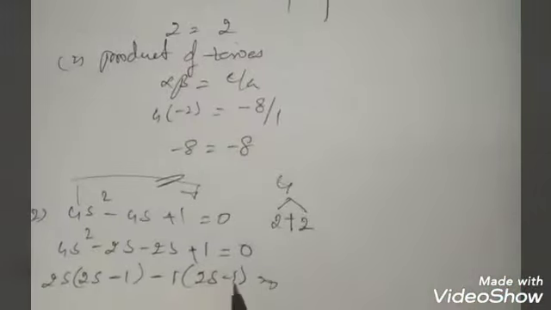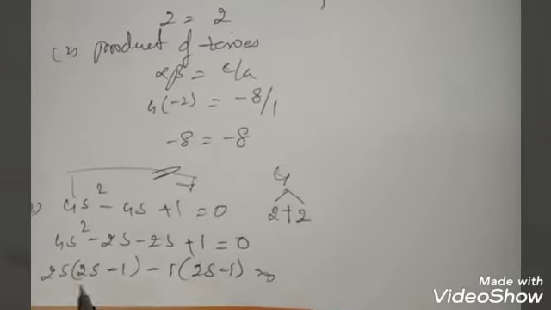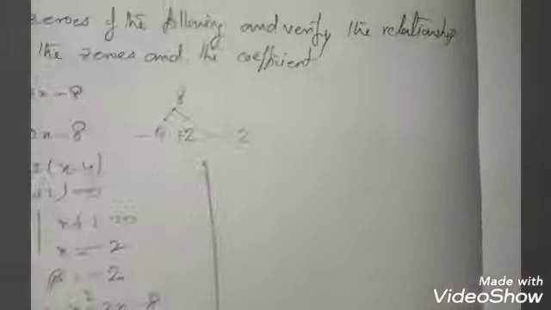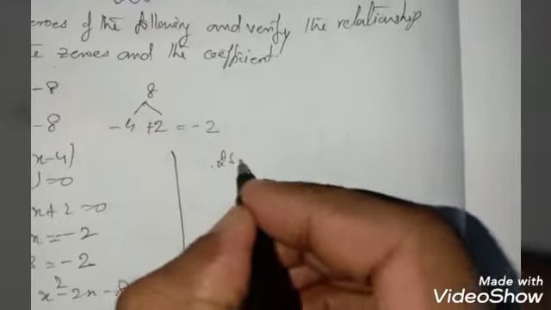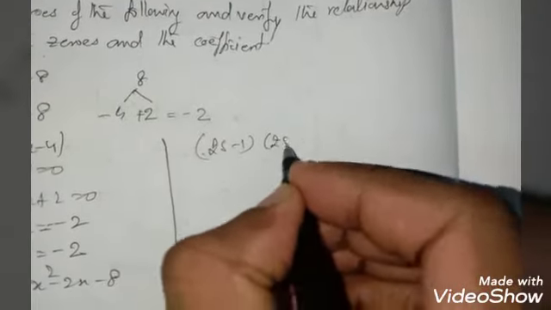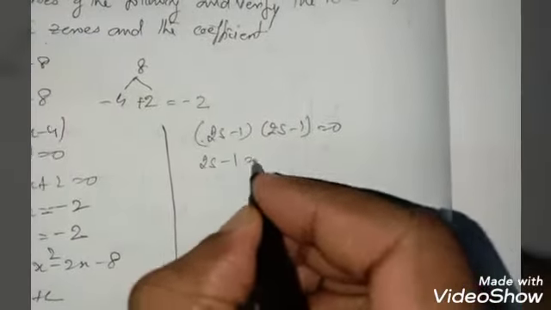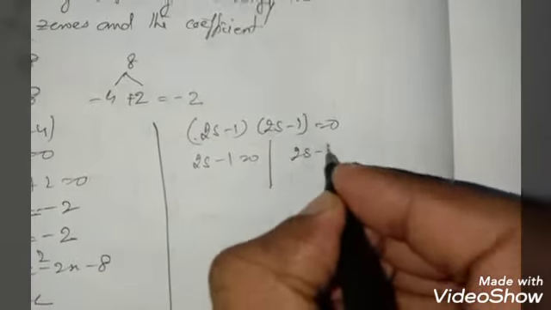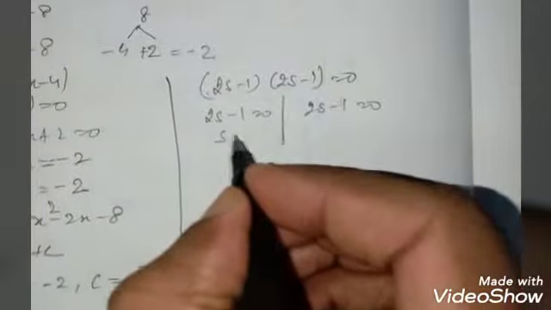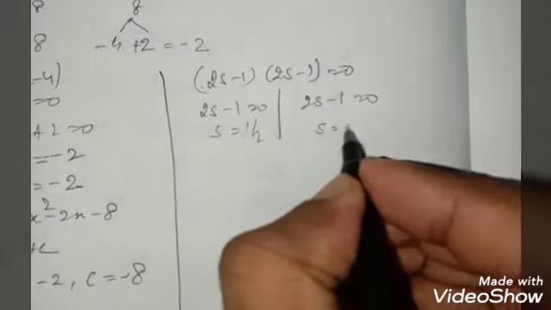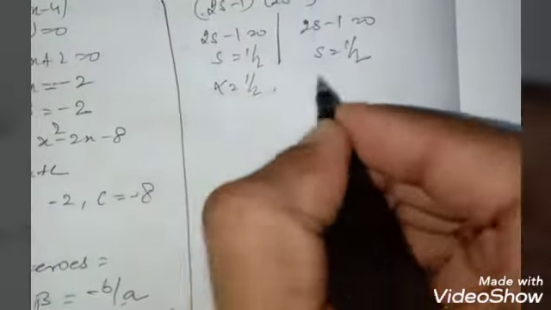After taking the common, 2s minus 1 is common for both terms. So I can write here 2s minus 1, and what is left is 2s minus 1 equal to 0. So I can write 2s minus 1 equal to 0 as the first one, and 2s minus 1 equal to 0 as the second. So s is equal to 1 by 2, s is equal to 1 by 2. So my alpha value is 1 by 2 and beta is also 1 by 2.